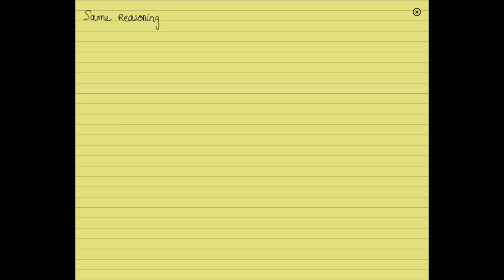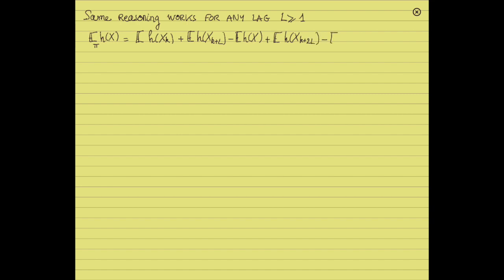The same reasoning holds for any lag. So the previous slides show the reasoning carried out with a lag equal to 1, but we could do the same reasoning with a lag L larger than 1. And in a nutshell, it relies on the same telescopic sum decomposition, but started from index k, and doing steps of size L instead of steps of size 1. So we have the expectation at times k plus L, k plus 2L, and so on and so forth.